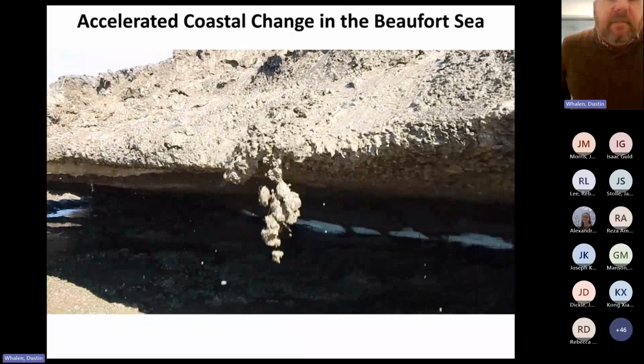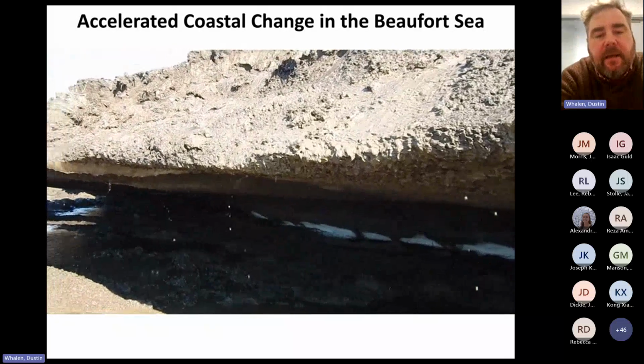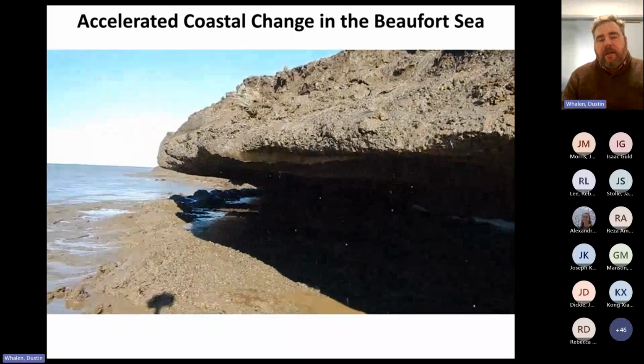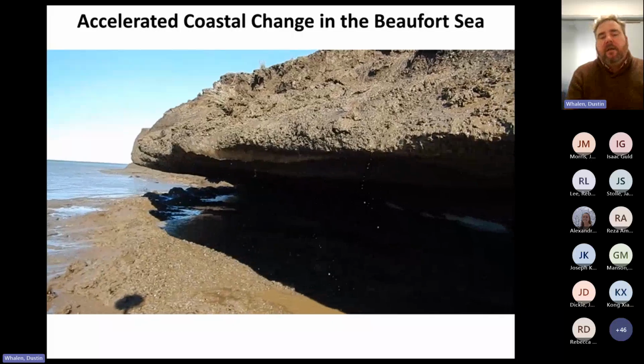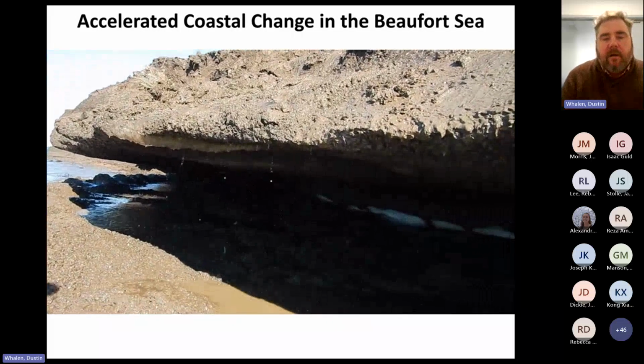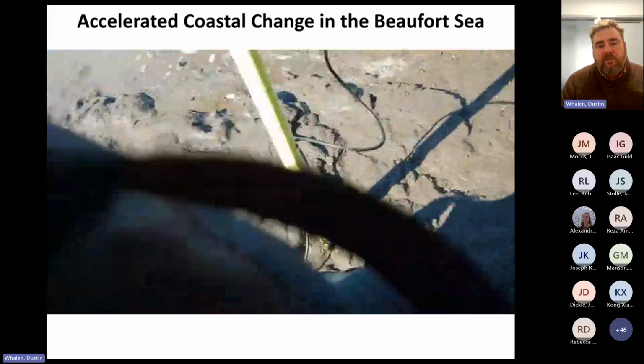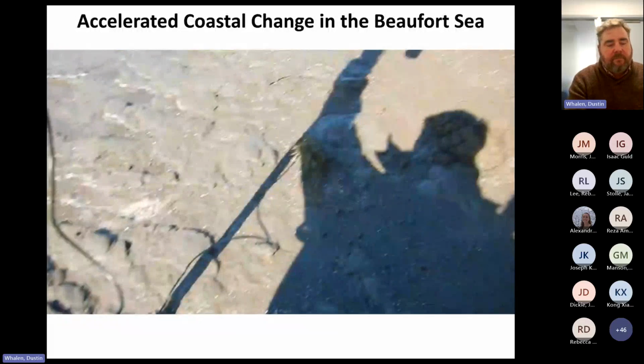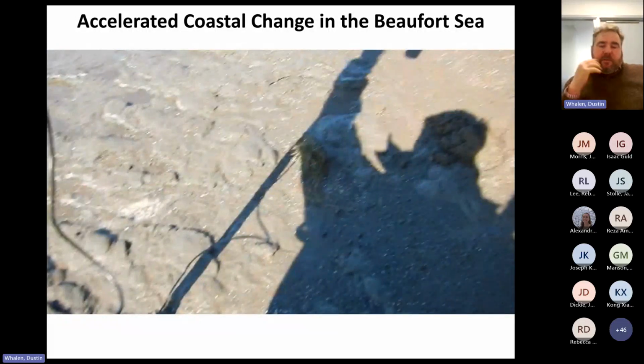So I show these images and videos to highlight that it's not a typical coastline like we see in the rest of Canada, where the main action of erosion is the force of waves. Here, we need to spend an equal amount of time understanding how thermally this coast is eroded as well.